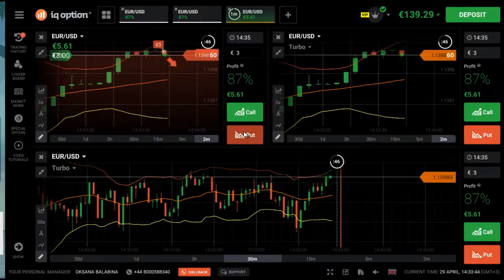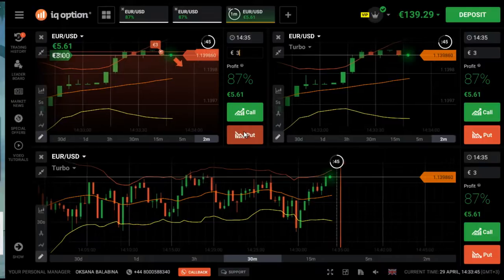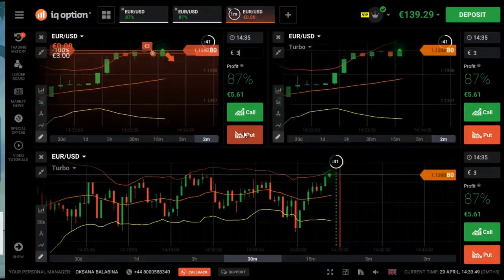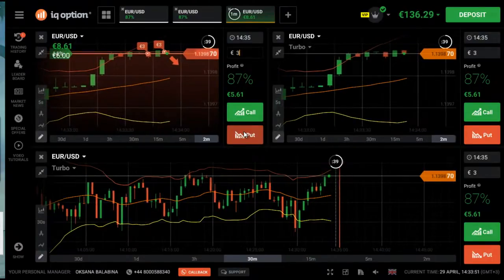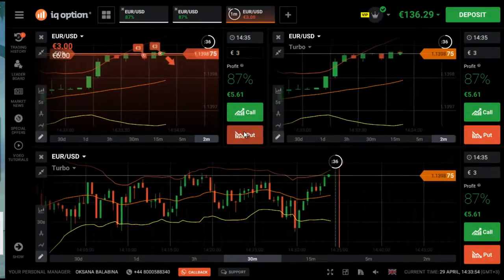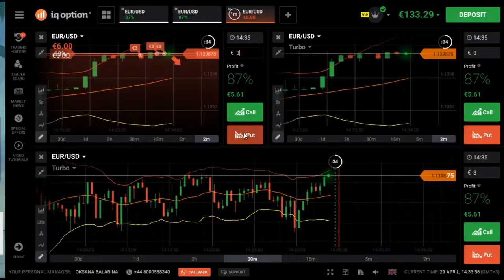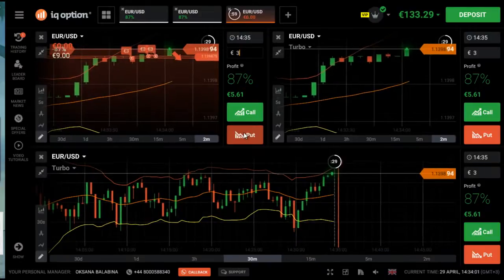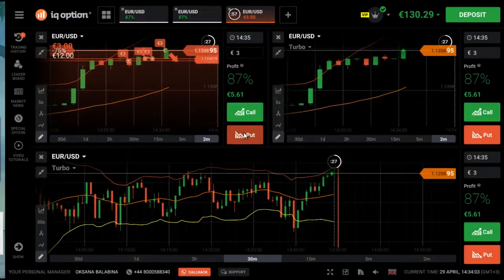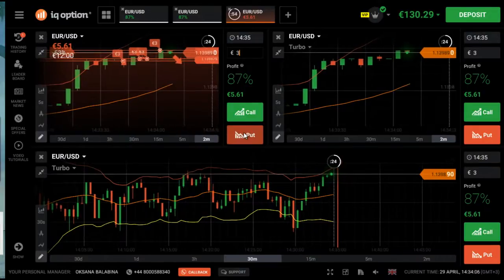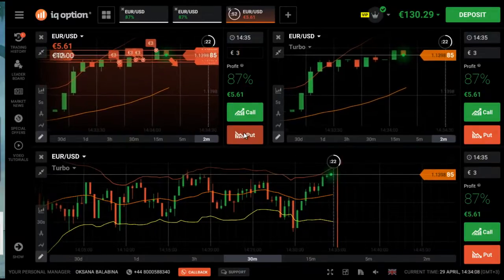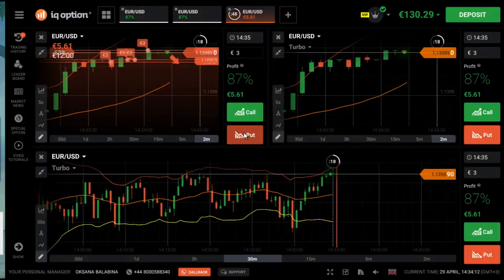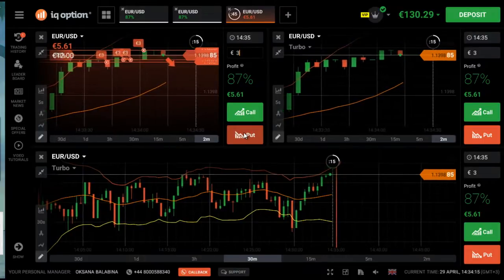Probably it's going to reverse. That's why I placed the reversal on the first window. Green's growing a little bit, but it's a pretty small candle, so I think it will reverse.